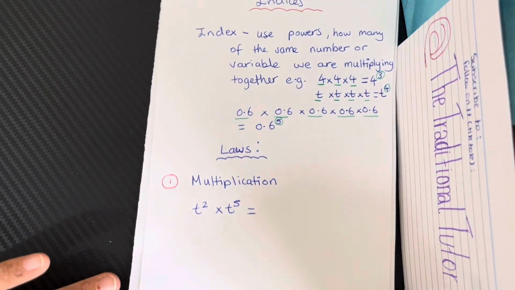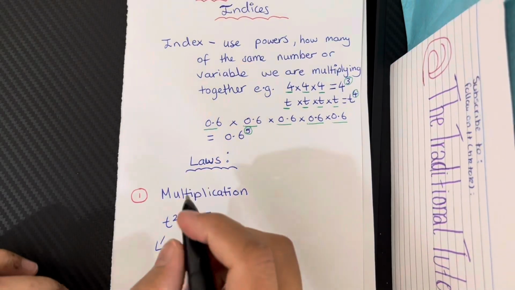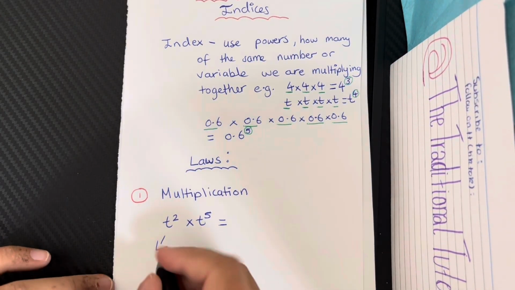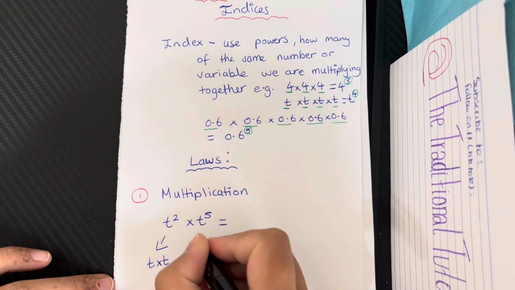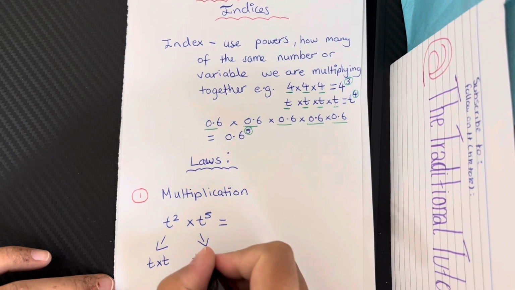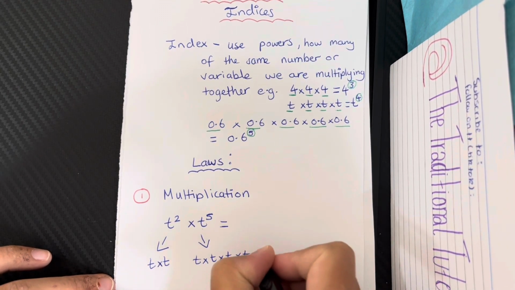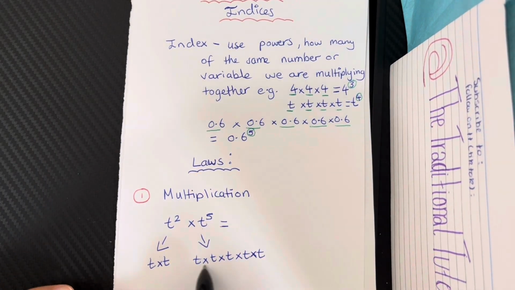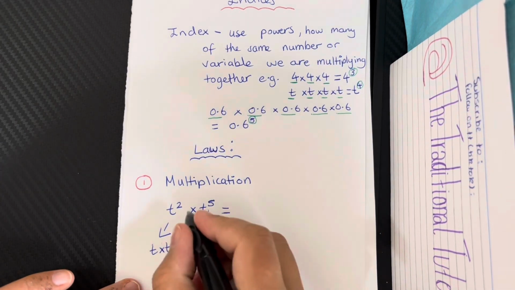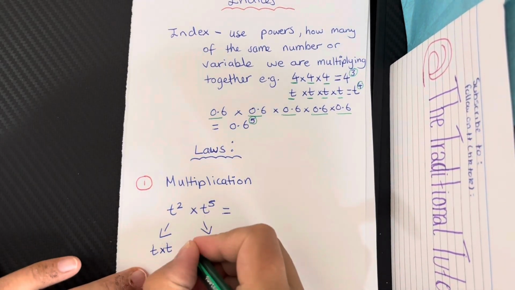Well, what we can do is break it down and think about what these mean individually. We've got t squared, which just means t times by t. Then we've got t to the power of 5, which means t times by t times by t times by t times by t, basically multiplied by itself 5 times. In between these two, we've also got the times sign, so let's not forget that.